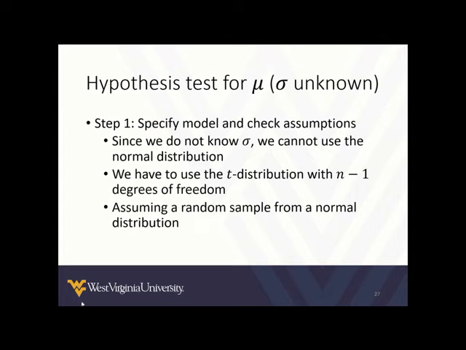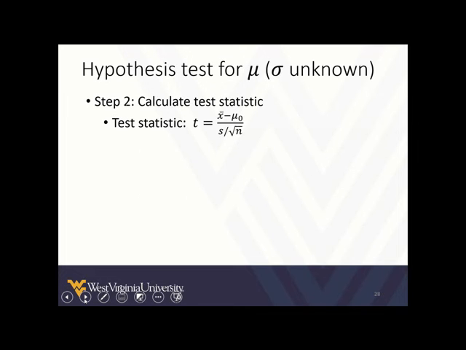So as far as checking our model assumptions, since we do not know our population standard deviation, that means we can't use the normal distribution. And so we have to use what's kind of the next or closest thing, and that is to use the t distribution with n-1 degrees of freedom. And we also have to assume that we do have a random sample that comes from a normal population.